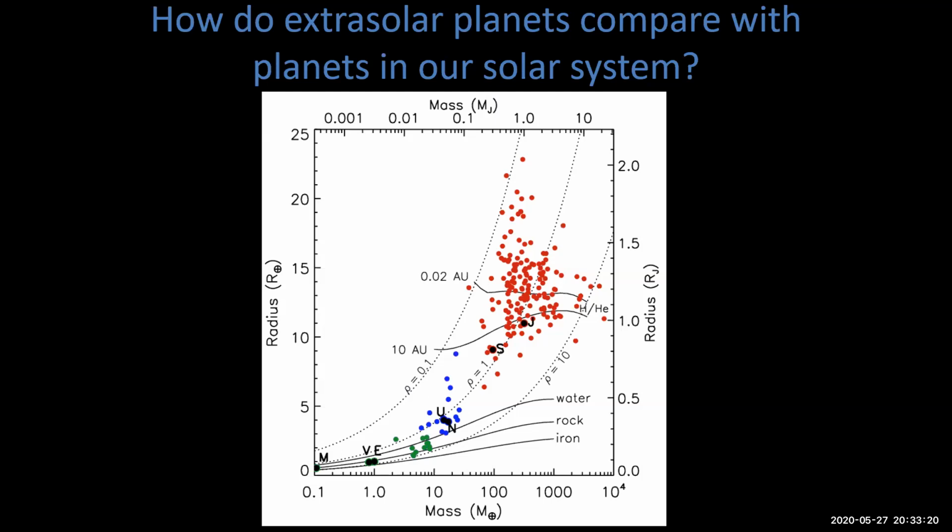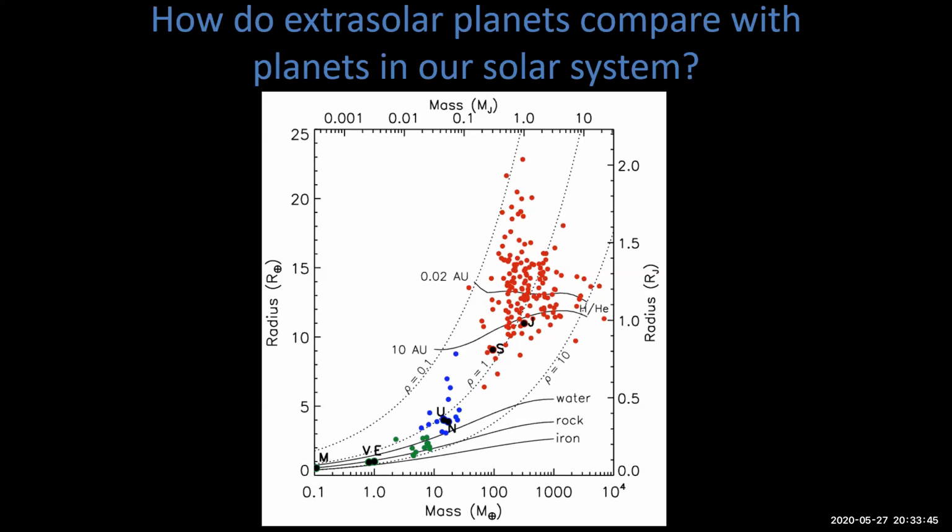The solid curves here are for pure planets made of iron, pure planets made of rock, pure planets made out of water, up to certain masses, after which it's not really possible to have pure planets of any of those materials.